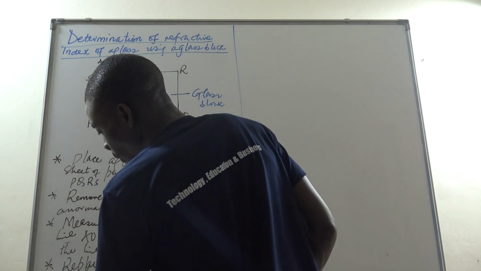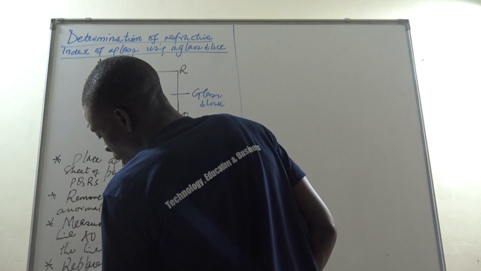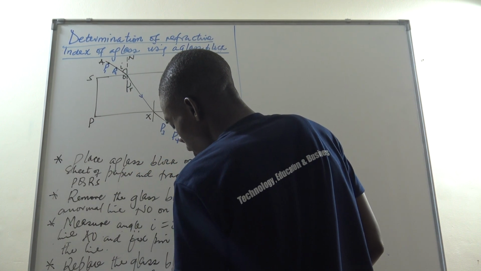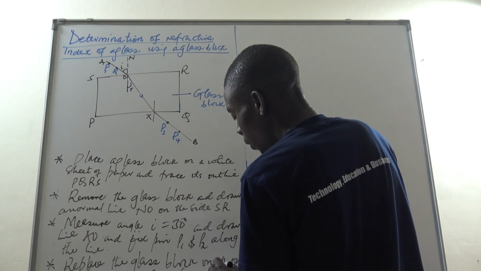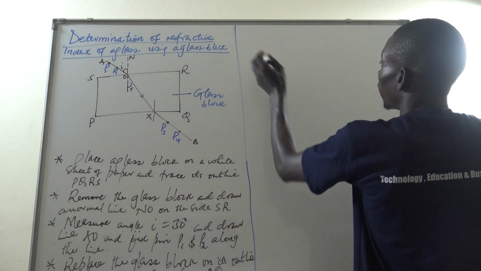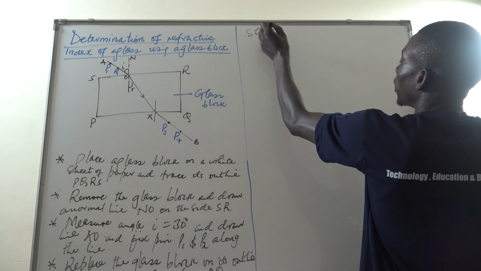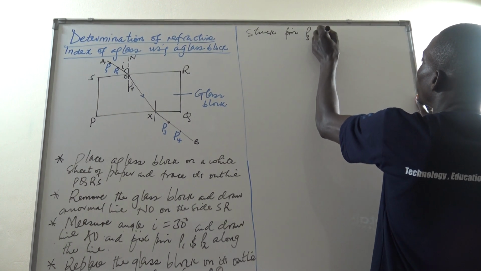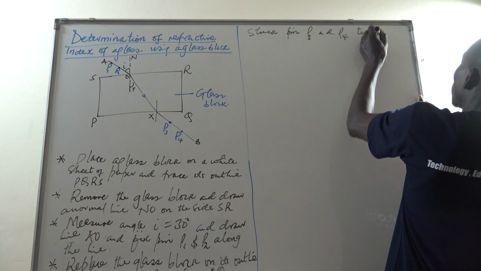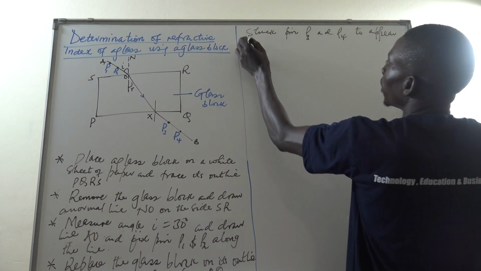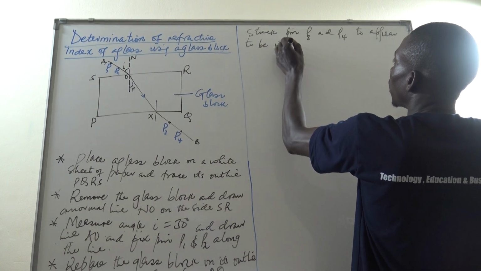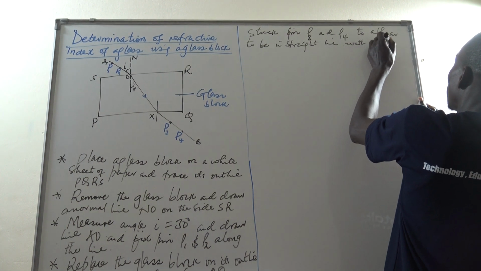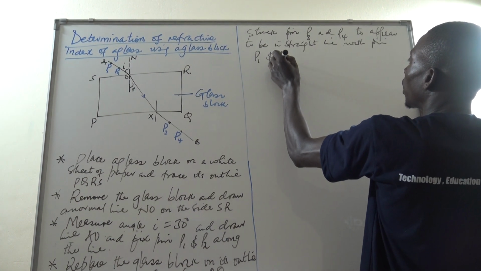okay, while observing from face PQ, stick pin P3 and P4 to appear to be in a straight line with the pins P1 and P2.